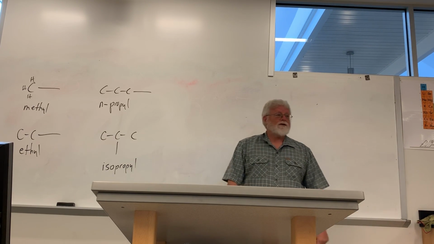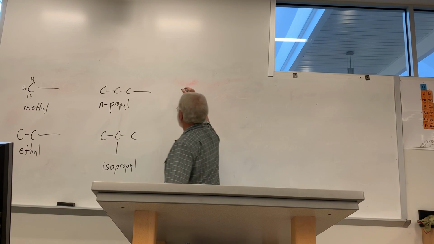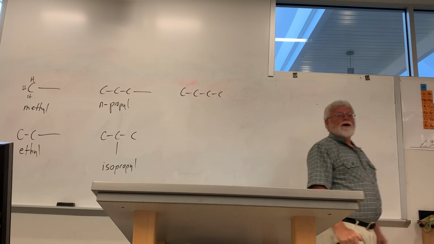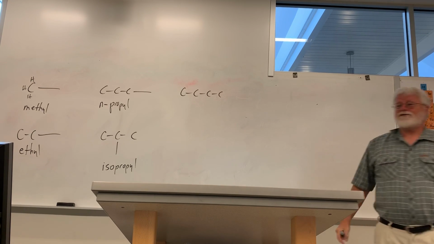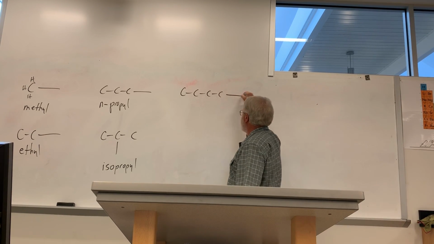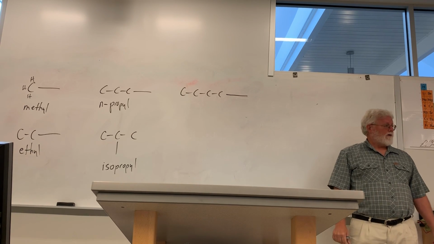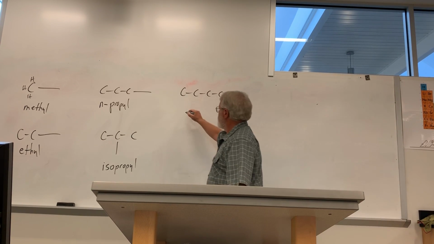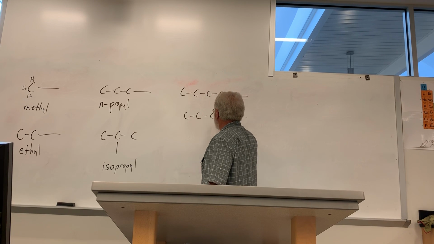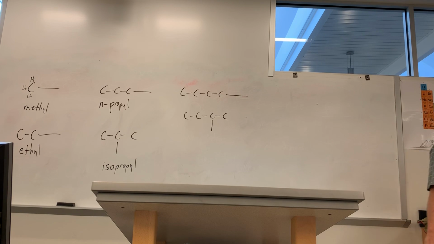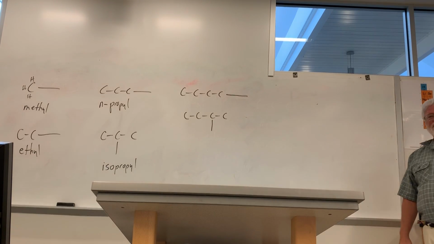As we get to bigger guys, say 4, the possibilities for how this could be attached to a parent chain increases. We could hook it via an end carbon onto a parent chain. We could hook it not via an end carbon onto the parent chain.